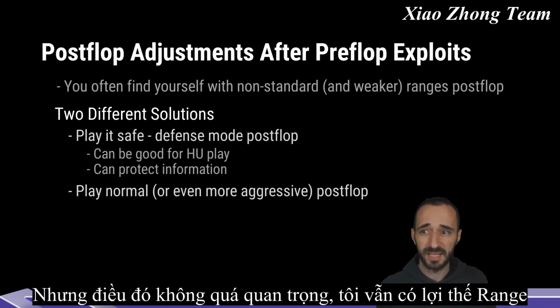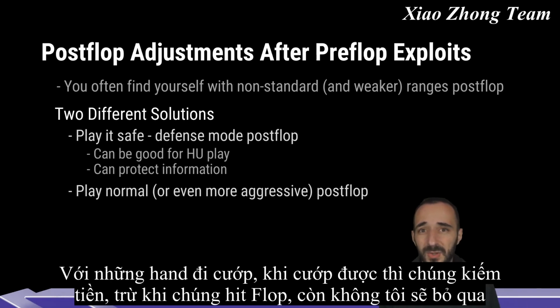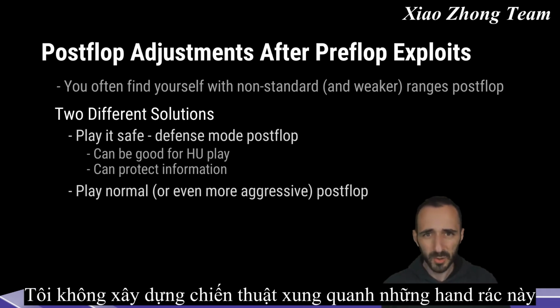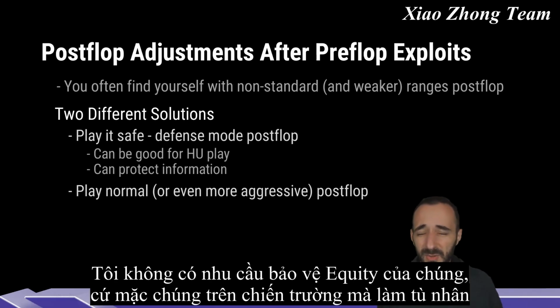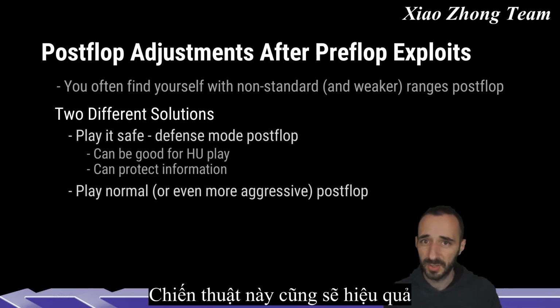I still have a range advantage. And the steal hands, they stole, they made their money. Unless they flop something good, I'm done with them. Not building my strategy around these shitty hands. I don't feel the need to protect their equity, leaving them on their own in a battlefield to be taken prisoner. This strategy would also work.